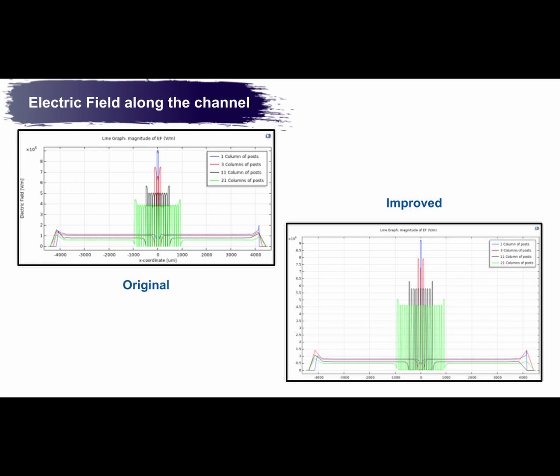In both of these graphs, we can clearly see that in our improved model, even with a reduced input voltage of 700 volts versus 1000 volts of the original model, we can obtain in these columns of insulating posts the same, if not a higher magnitude for the electric field, which obviously points to a reduction in the required voltage needed to generate these electric fields and deems our investigation and our improvements a success.